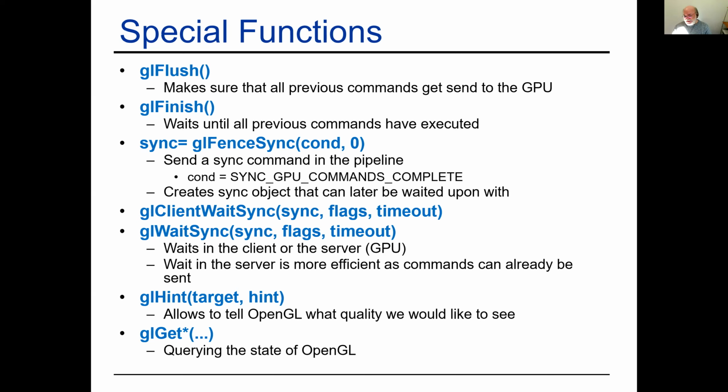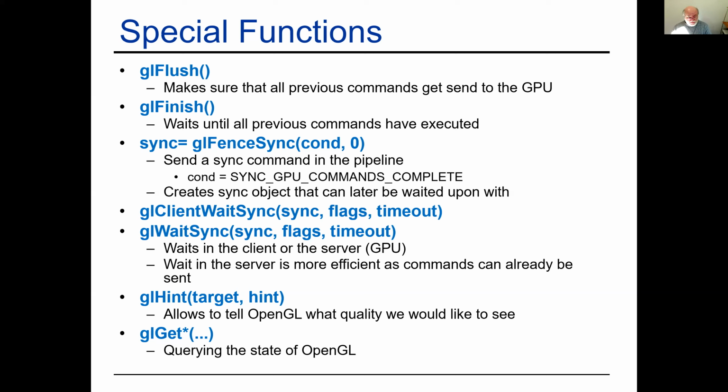You can use glFenceSync, where you define a condition, and that condition is inserted into the command stream that is being sent to the GPU. And that synchronization gets signaled when the sync object essentially went through the entire pipeline. So you know that everything that you sent before that fence has now been executed.